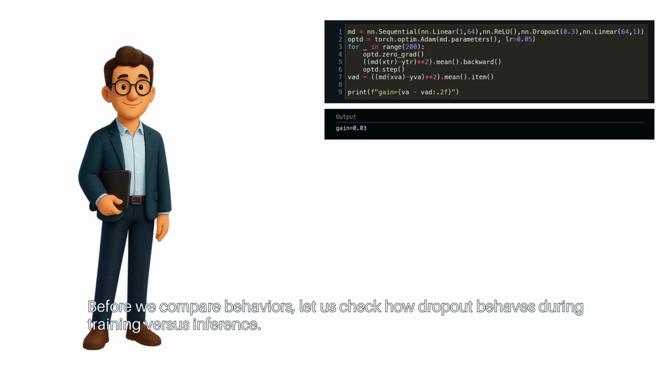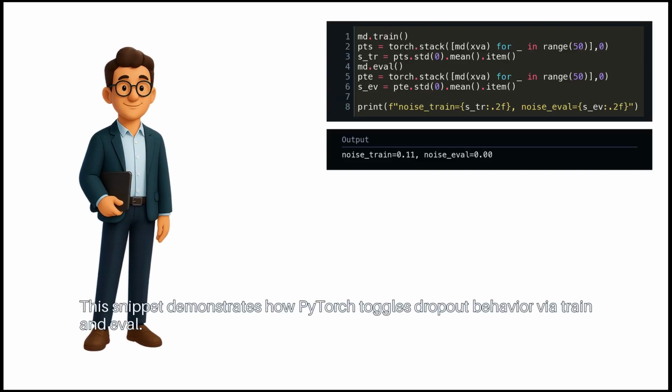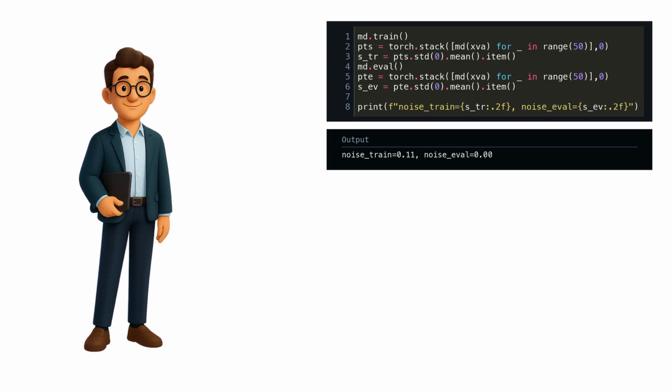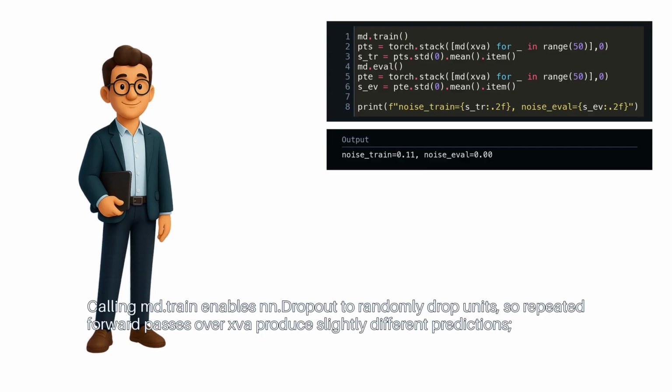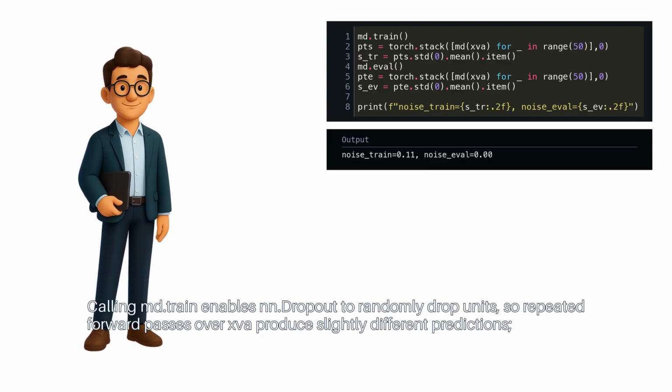Before we compare behaviors, let us check how dropout behaves during training versus inference. This snippet demonstrates how PyTorch toggles dropout behavior via train and eval. Calling md.train enables nn.Dropout to randomly drop units, so repeated forward passes over Xva produce slightly different predictions.